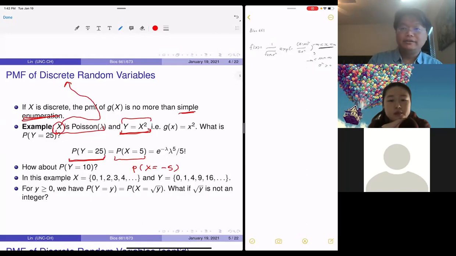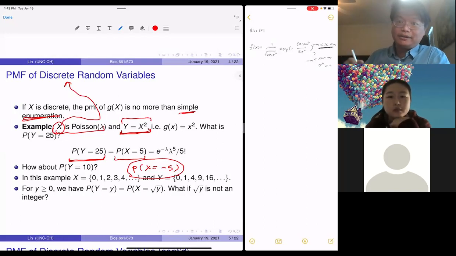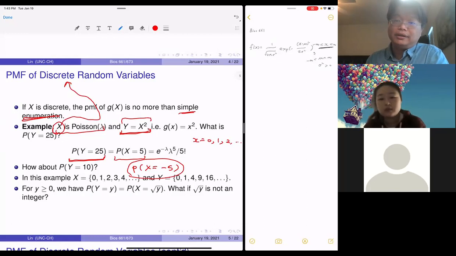If X is 5 or X is minus 5, X squared is also 25, where does this guy go? This guy is not necessary because by the domain of Poisson, X is going to be from 0 to 1 to 2 to infinity. Poisson counts are never negative. So this guy is basically 0. You don't even bother to write it.